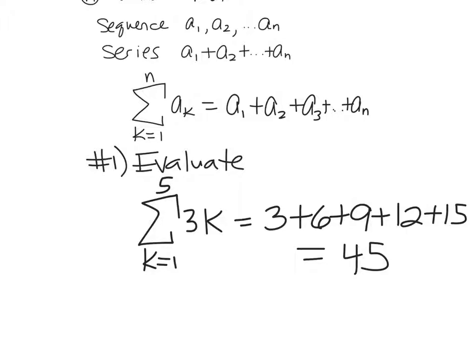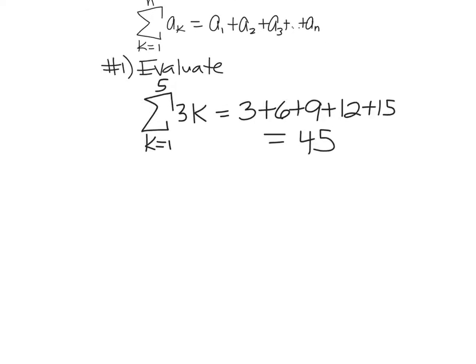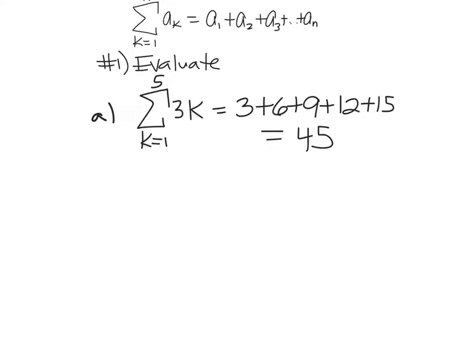Okay. Now letter B. Let's do another one. Let's do the summation. You don't always have to start at k equals 1. Let's start at k equals 5 this time. K equals 5 to 8 for k squared.